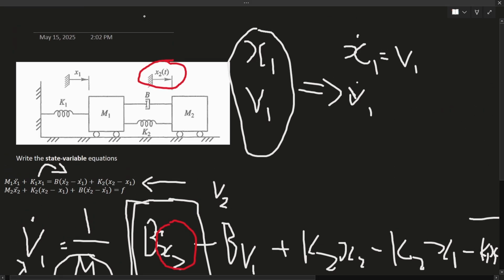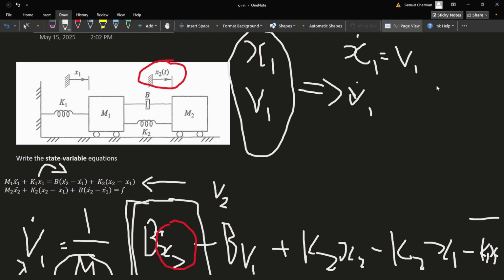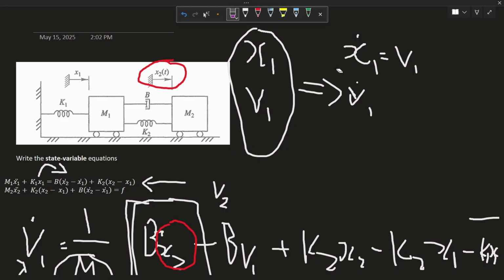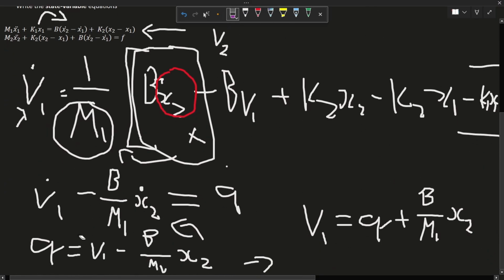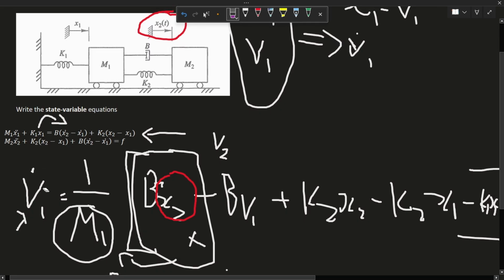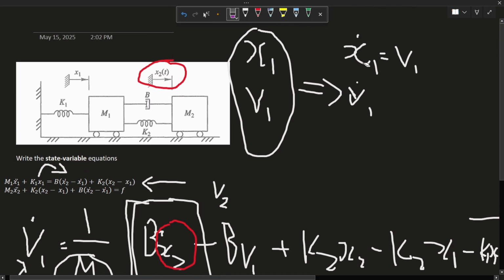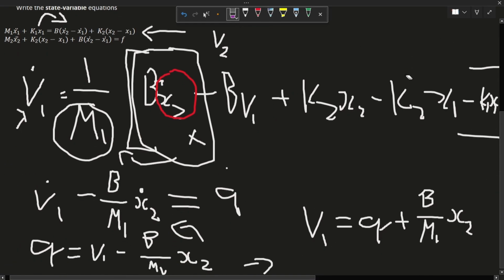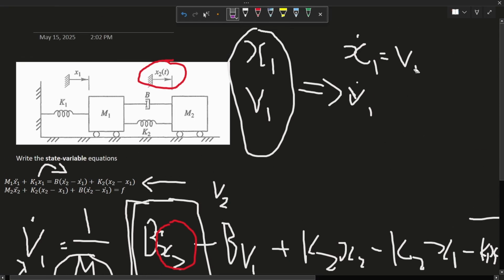Rereading our state variables, we can't say v1 because now we have to use q. We can't use v1 prime because it doesn't work. So x1 dot, we can still keep x1 because it's fine, is equal to v1, and v1 is equal to this, so you're just going to write that it is equal to q plus b over m1 x2.